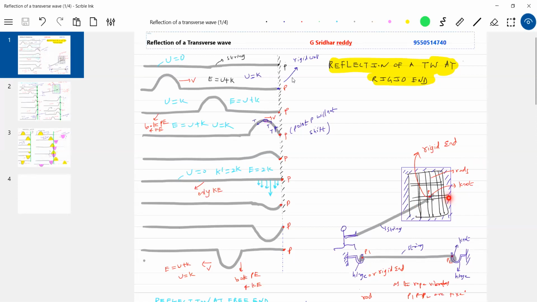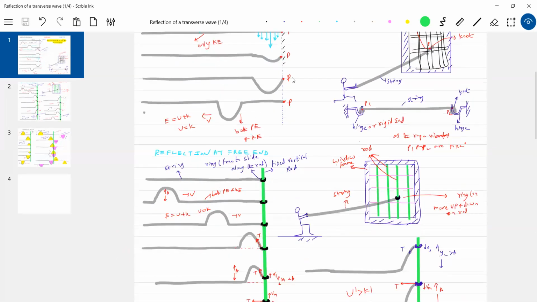No, nothing. If you're thinking like this, it is a stupid brain. Finish, over. If you stand here and you give a jerk, only you are here. Why would your imaginary person come? Physics will not accept that. Don't think that another imaginary person with an imaginary rope will generate a pulse. Nothing to do. You are generating a pulse, the pulse will go, get reflected, and the inverted pulse will come.